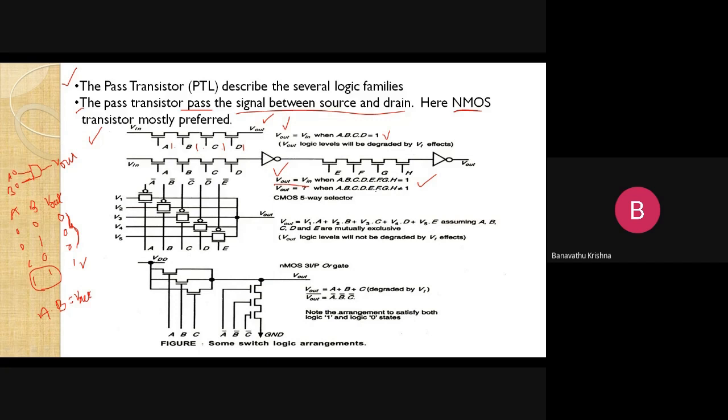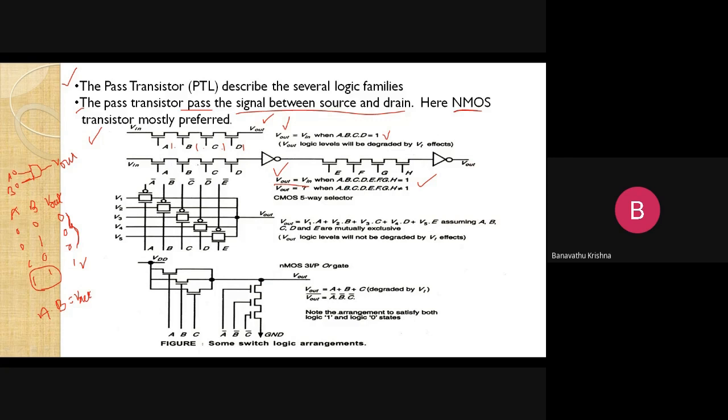Suppose the inputs A dot B dot C dot D dot E dot F dot G dot H are not equal to 1, then what is the condition? We don't get any response at the output, that is simply 0.